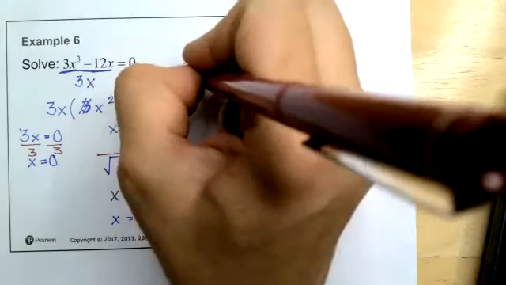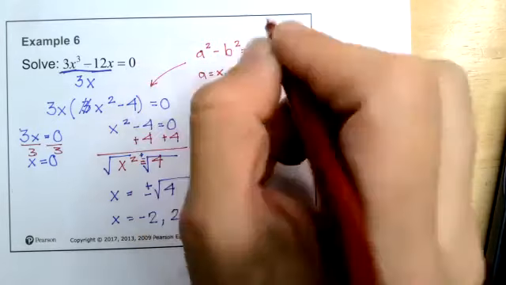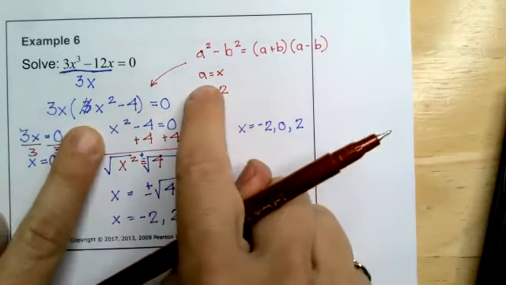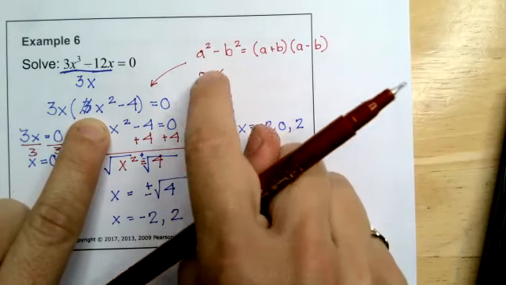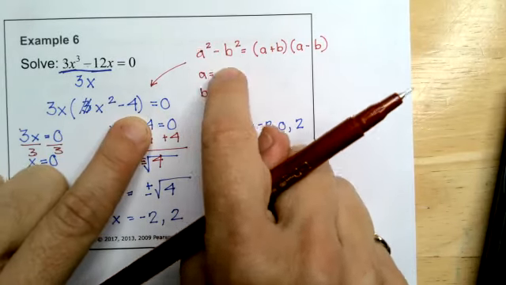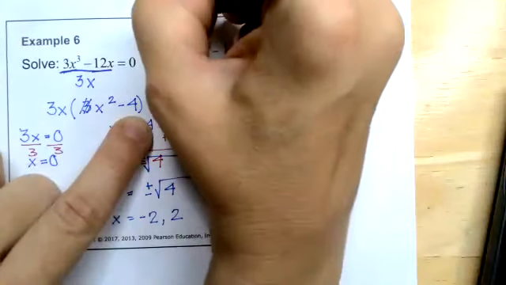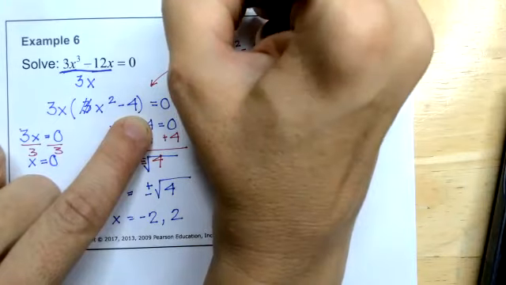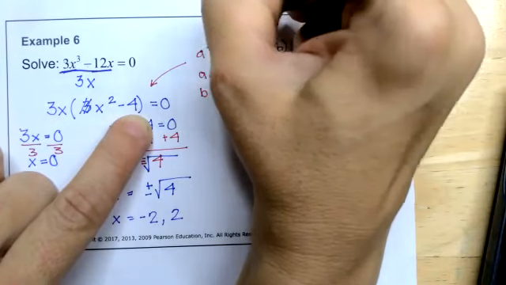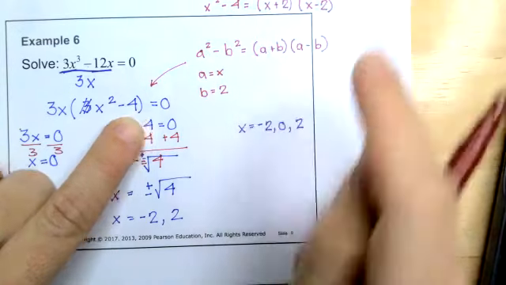And our a was x and our b is 2, right? Because that's the difference. A squared means that a is x because a squared is x squared. B squared is 4, so the square root of 4 is 2. So that means x squared minus 4 is x plus 2 times x minus 2.